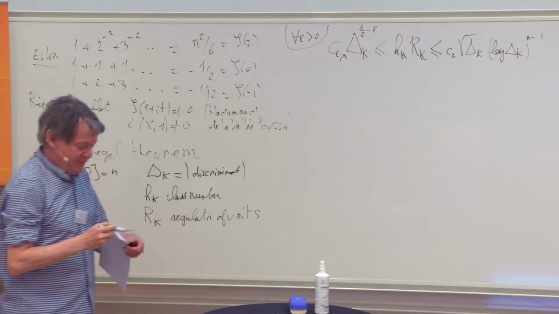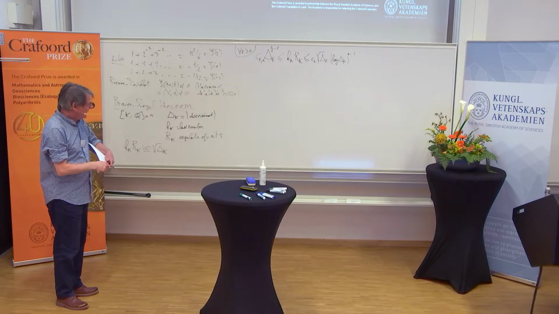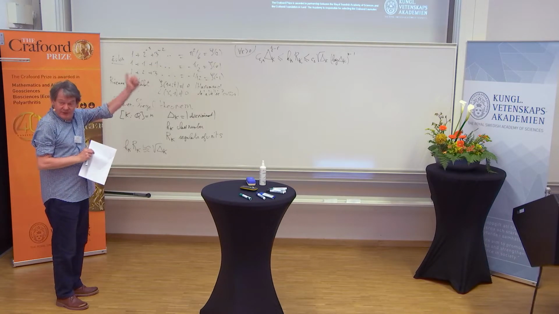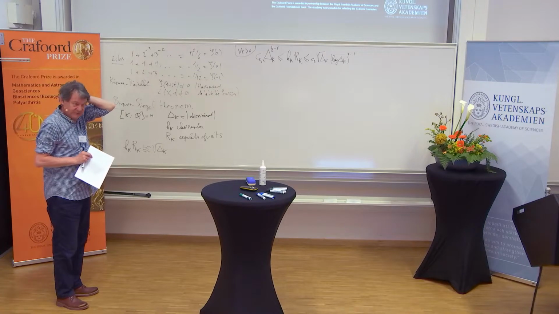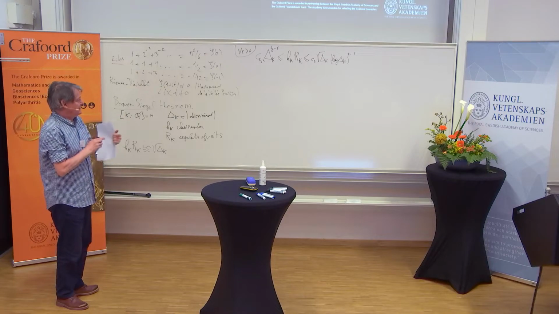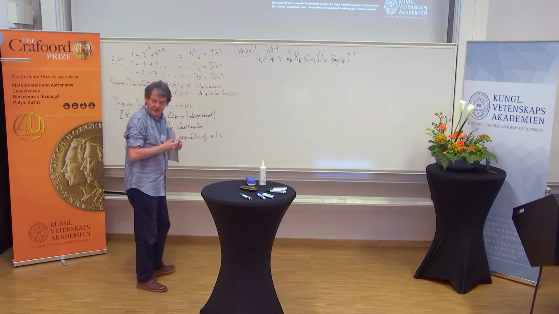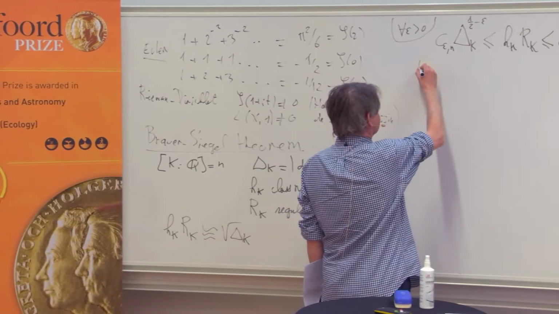I mean that for all epsilon, there is a constant c_epsilon. This is a very strong statement and a difficult theorem. If you look at examples, you can see right away that it says a lot about the arithmetic. So I will look at 3 examples.